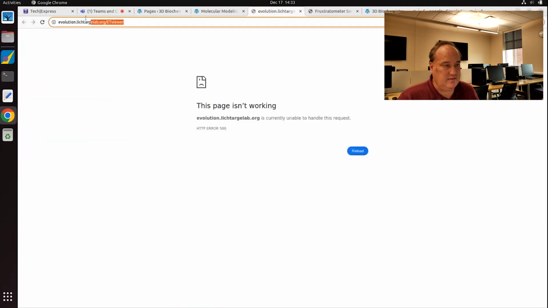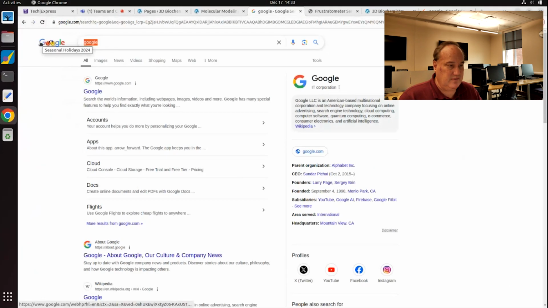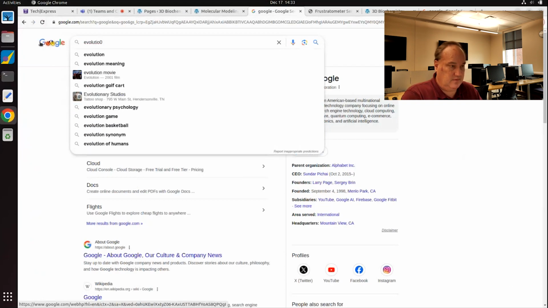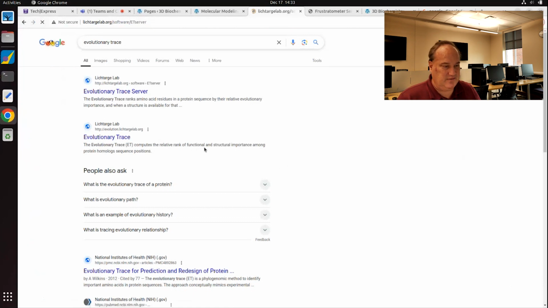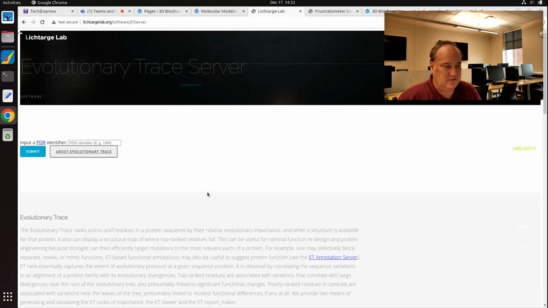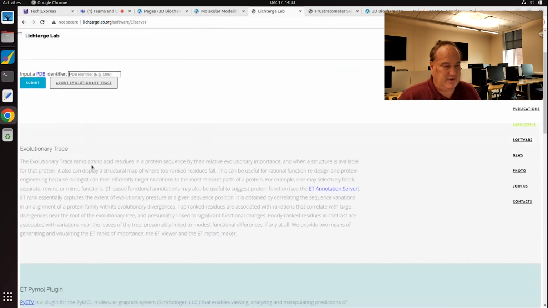Apparently my links are doing weird things, so let's go to the server. When in doubt, just go to Google. There we go, that looks a lot better. This tells you a little bit about evolutionary trace, and it ranks amino acid residues in the protein sequence by relative evolutionary importance, when that structure is available.